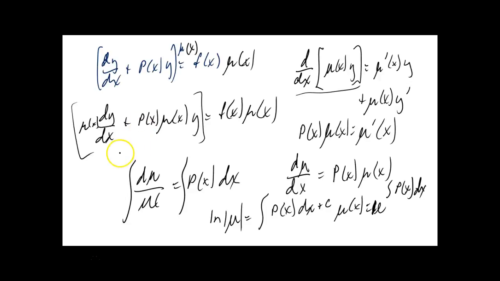So this side of the equation is d by dx of mu of x y, is equal to f of x, mu of x. That's what we've got so far.